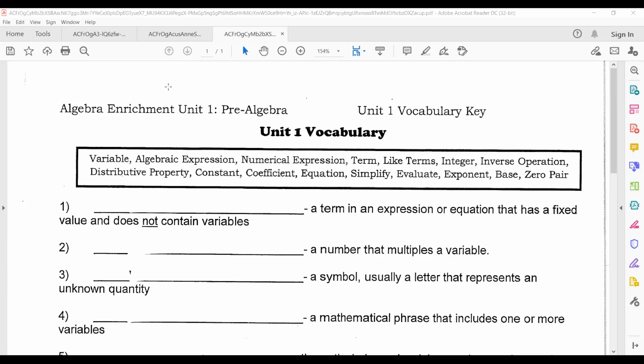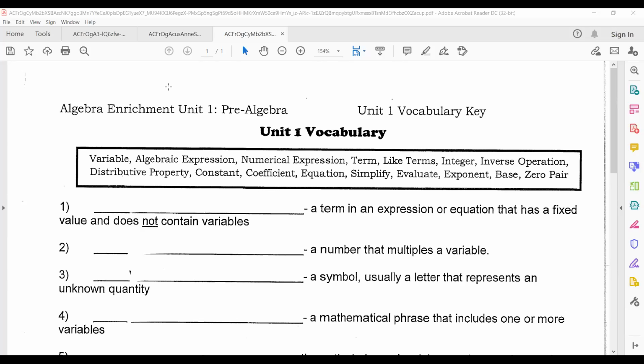Anybody at home know what that first blank would refer to? The first is constant. Constant, yep. That's good. I don't know who that is at home, but you're all over it today. Thank you.